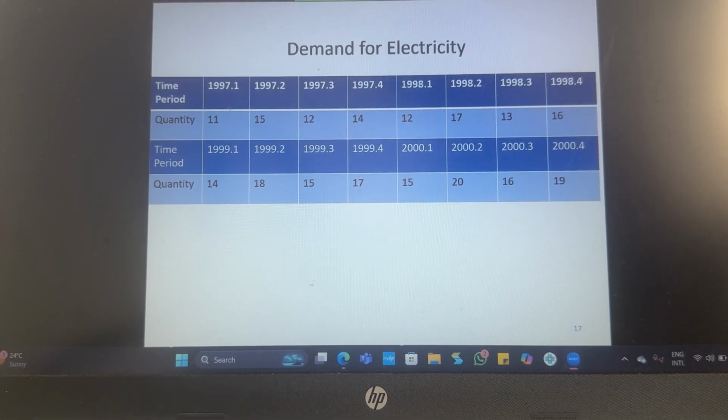Like this, we have taken the data for 4 years, and we have 16 data points, starting from 1997 and ending with the 2000 fourth quarter. Right? Why the electricity example?